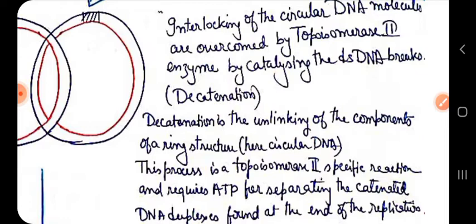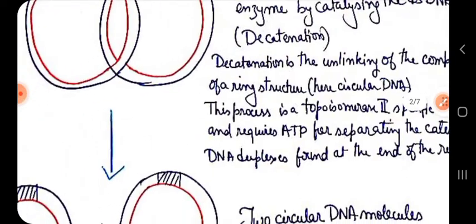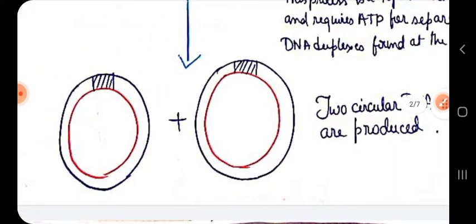Decatenation means unlinking the components of a ring structure. Here the circular DNA has to be unlinked, and this process is done by topoisomerase 2 with the help of a specific reaction. It requires ATP for separating those interlocked DNA strands found at the end of replication, and thus you can see two circular DNA molecules being produced and getting separated.